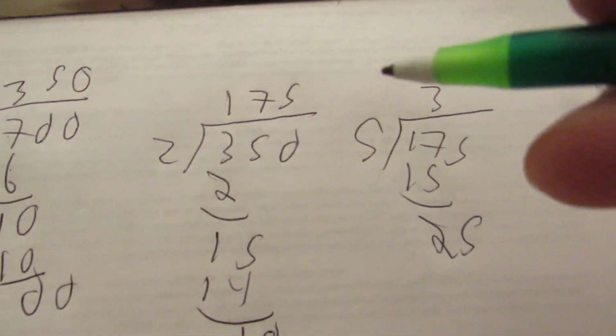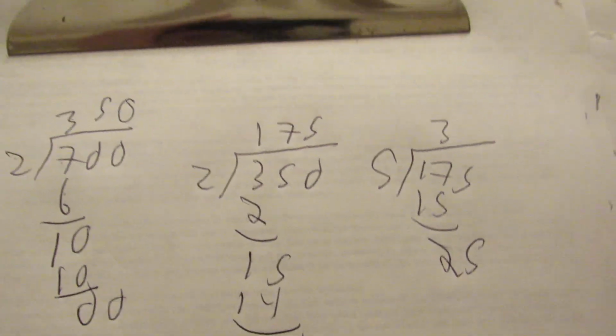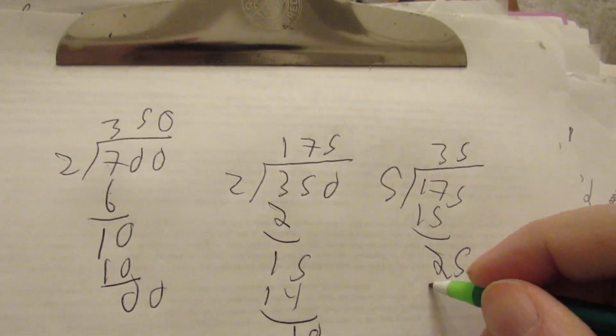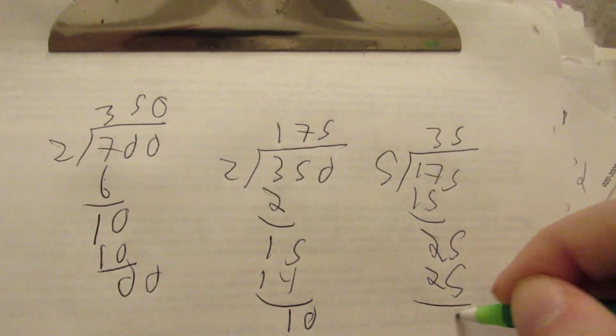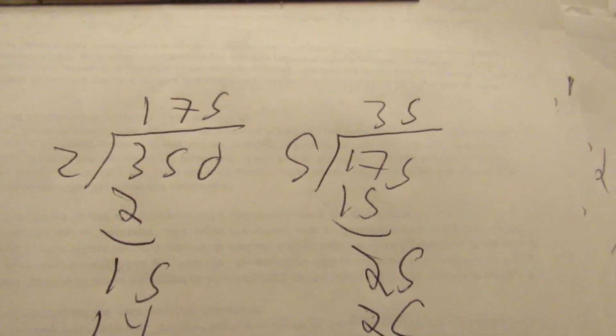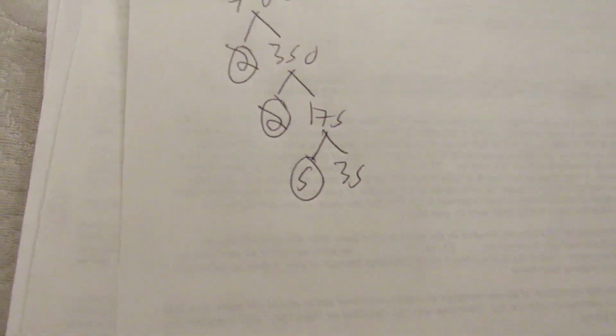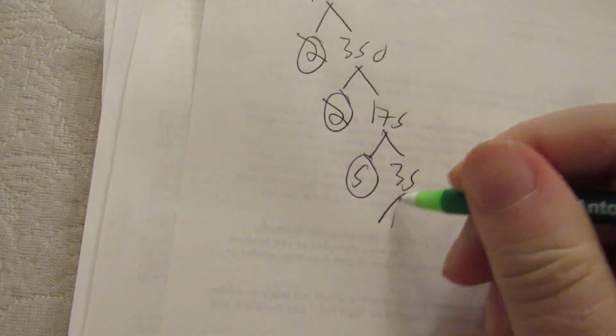Bring down the 5. 5 goes into 25 5 times. 5 times 5 is 25. Remainder is 0. So the answer here is 35. So 5 times 35 equals 175. 5 is a prime number, so I'm going to circle it.